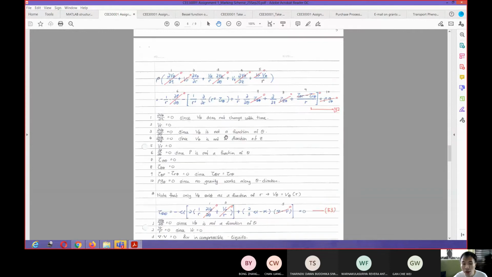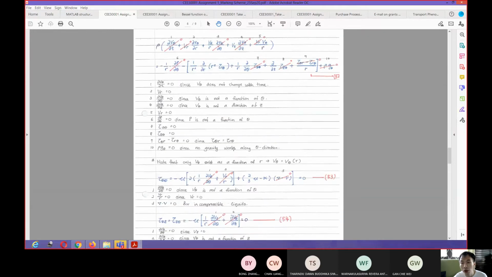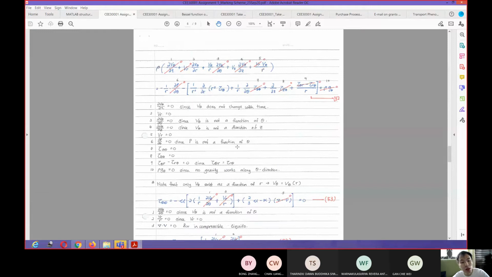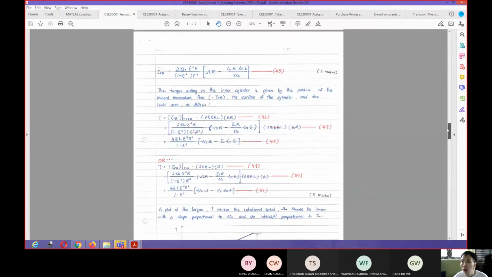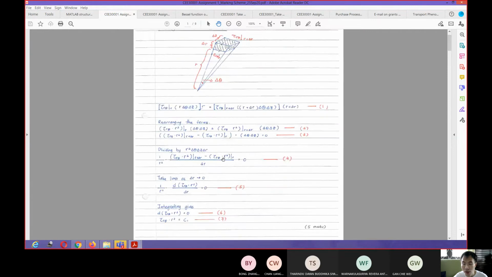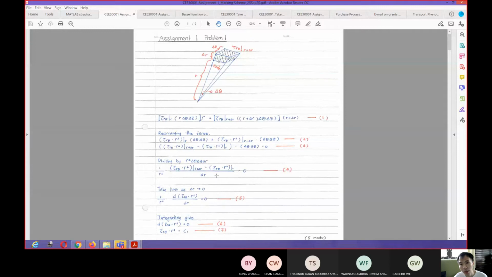This here is the derivation that you can use for the equation of motion. Most of you follow this because it is easier than using the moment balance. But the moment balance and the equation of motion come from the same principle. They are both physics. If you derive it properly, you can get this quantity here.